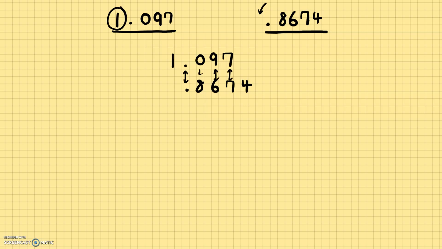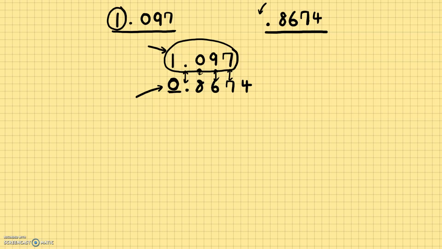You can just see that this is missing a whole number. Since the top number has a whole number while this one doesn't, we can say that this one is bigger. Because this doesn't have a whole number, it means there's a 0 in place of the whole number.